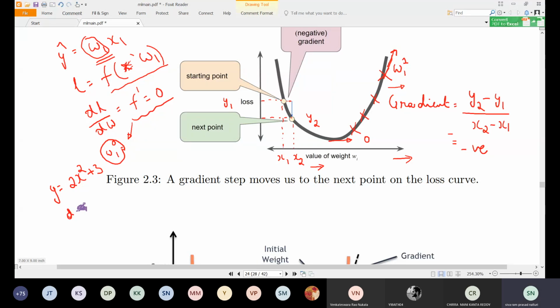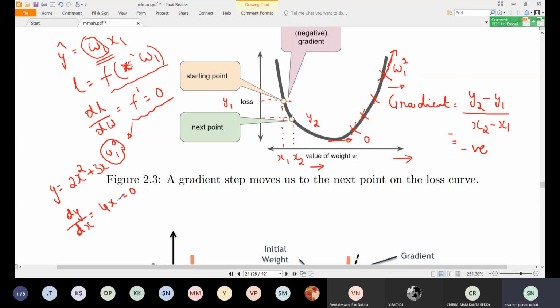You differentiate this function with x, dy by dx, calculate this first order differential value. So it is 4x, and you equate this to 0. Or assume that this is 2x square plus 3x.